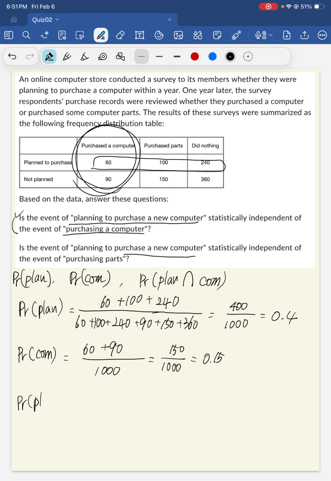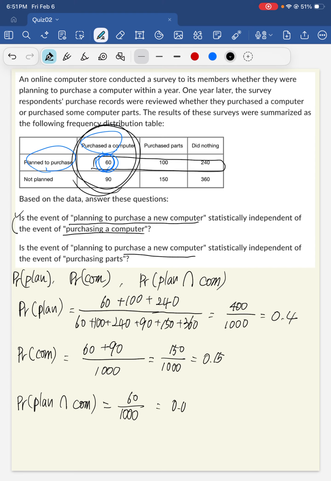Finally, I will calculate the probability of both happening, right? Planning to purchase and actually purchasing the computer. So that's only that area, 60 out of 1000.